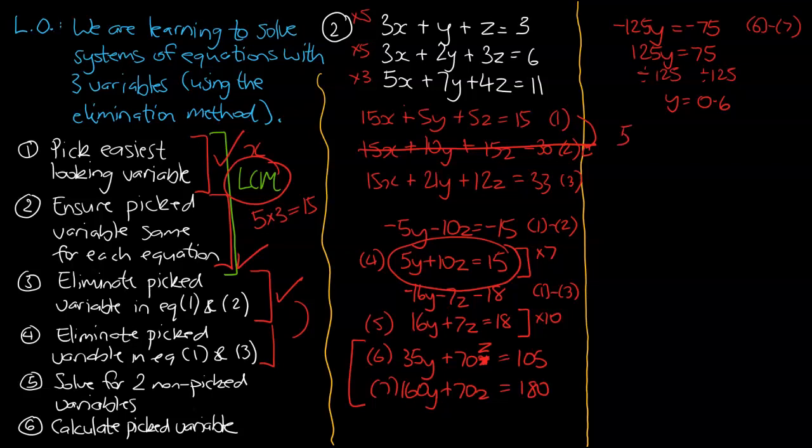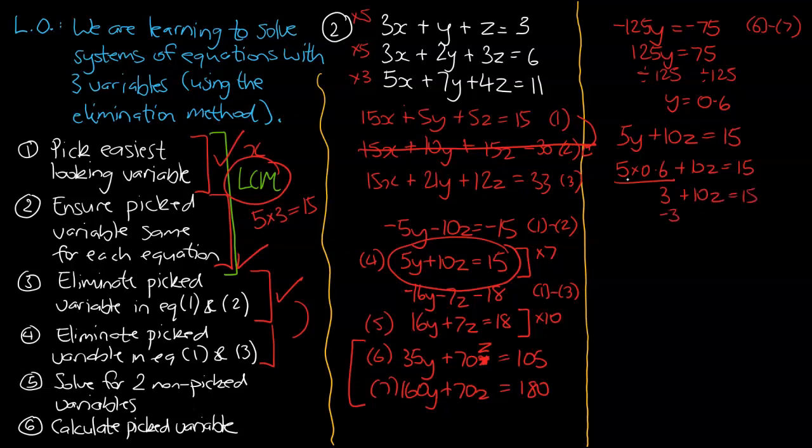So I've got 5y plus 10z equals 15. I'm now going to take away the y, put in the 0.6. So I've got 5 times 0.6 plus 10z equals 15. 5 times 0.6 is 3. Feel free to use your calculators to check that maths. So that's 3 plus 10z equals 15.